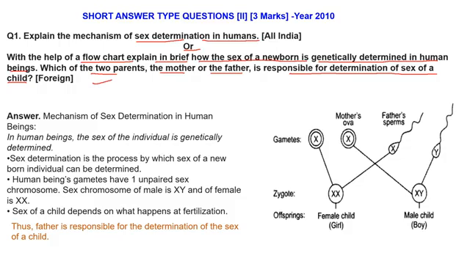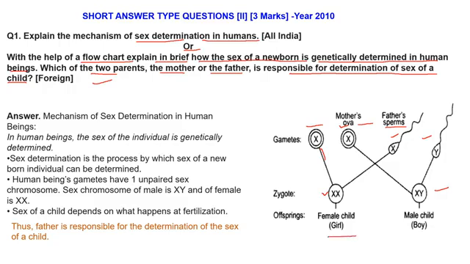In the case of a flow chart, first of all you have to draw the gametes, right? The gametes from the mother are X and X, and from the father X and Y gametes are coming. When you cross these gametes, the female child will have XX chromosomes and the male child will have XY chromosomes. There is a 50-50% chance of a male and female child, right?